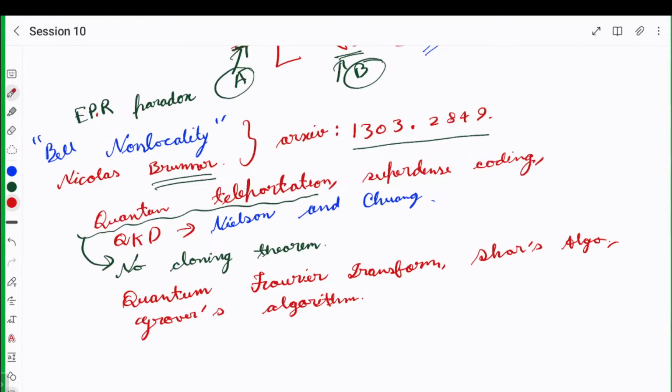Entanglement, superposition and interference is the best. Yeah, you can say that. In fact, rather than entanglement, I would say that non-locality and superposition are what lead to advantages in all these quantum algorithms and communication protocols.